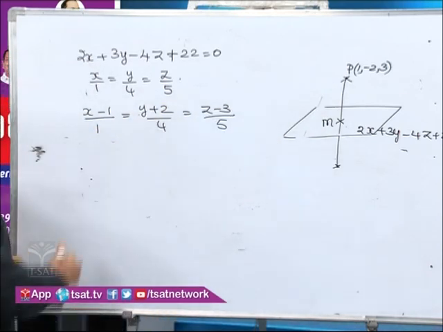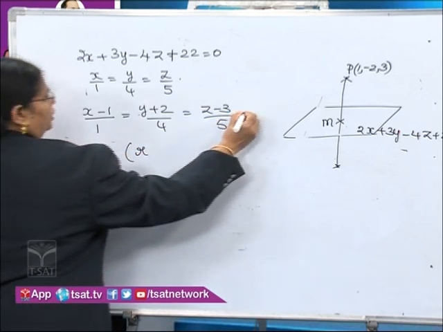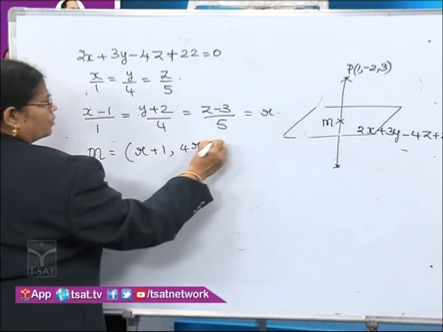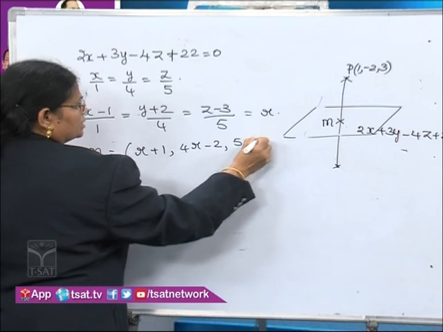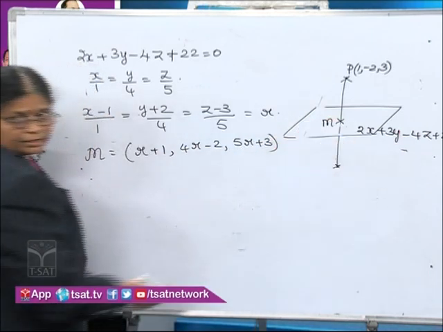If I am writing any point on this, let it be M. This will be (R + 1, 4R - 2, 5R + 3). This point M is lying on the plane.